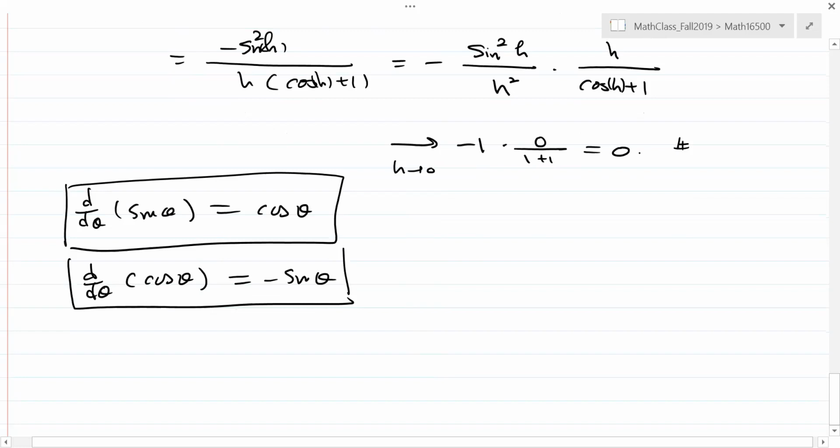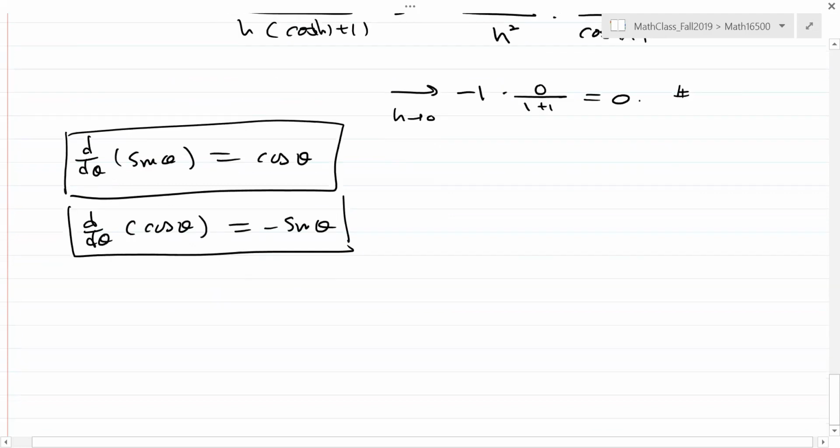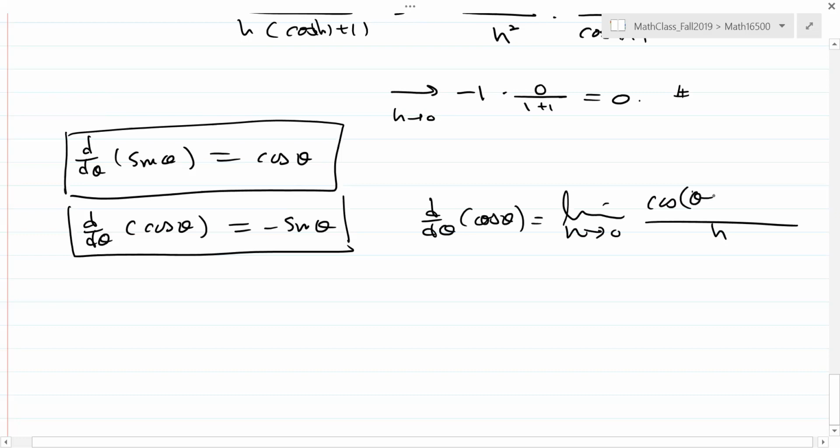Now you can use those two formulas to find the derivative of tangent theta.